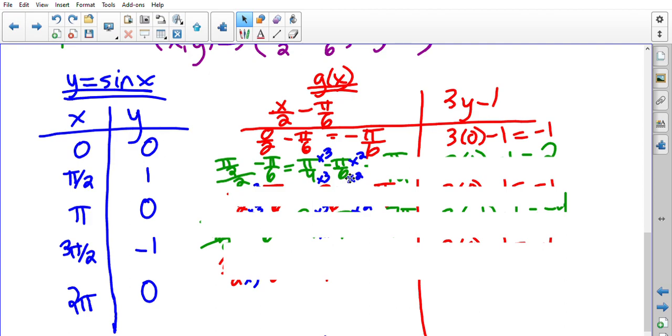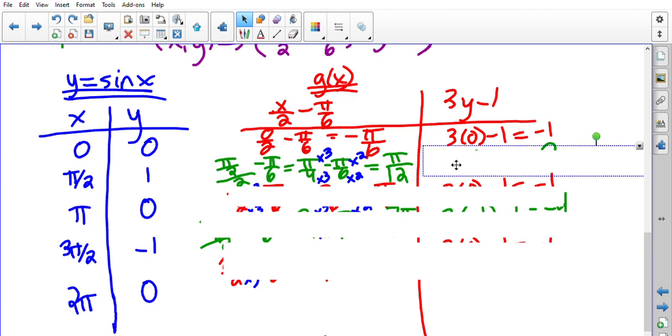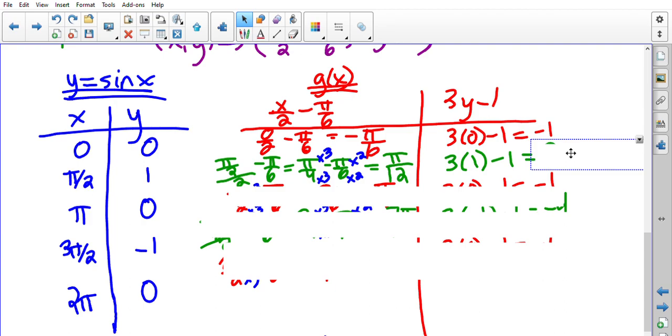We can't combine these unless we have a common denominator. We want to find a common denominator of 12, so I multiply the top and bottom of this fraction by 3 and the top and bottom of this fraction by 2. That leaves us with 3 pi minus 2 pi all over 12, which leaves us with 1 pi over 12. When I sub in the 1 for y, I'm going to get 3 times 1 minus 1, and that leaves us with 2.